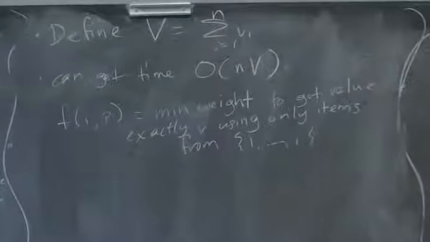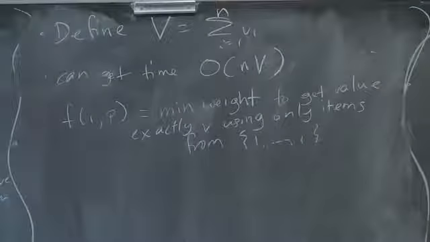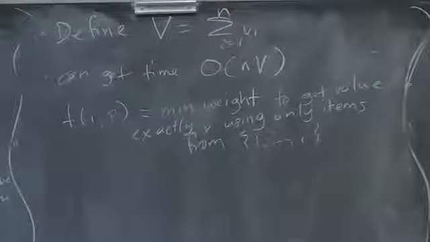I'm not going to do it, but you can set up a recurrence to fill this table out as well. Is this like the dual of that? I think they're just different algorithms.